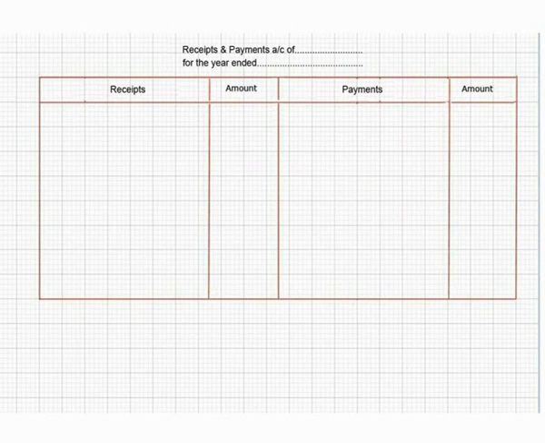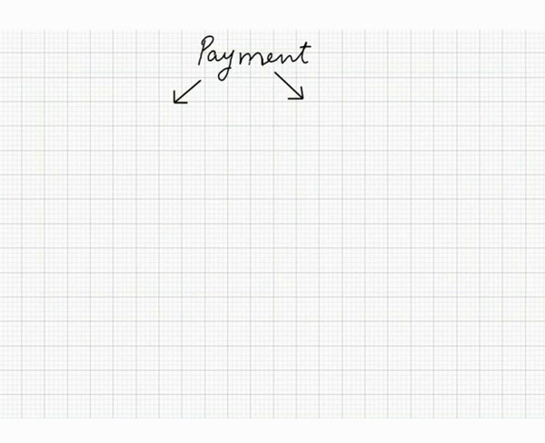You know, in the receipts and payments account, receipts as well as payments are recorded. On the debit side, we write down the opening balance and all receipts, and on the credit side, the closing balance and all payments. All these payments fall in two categories: capital payments and revenue payments.